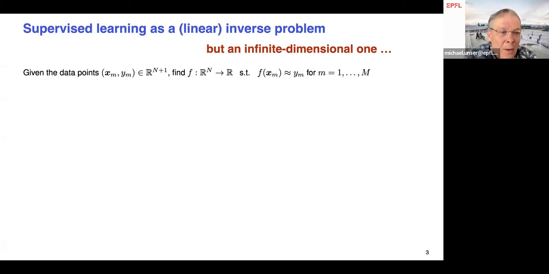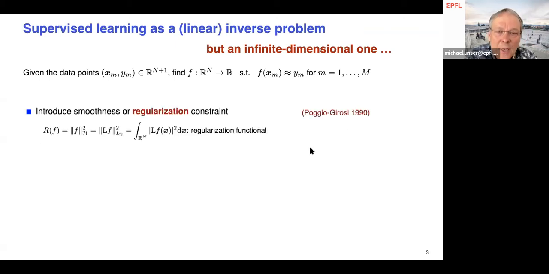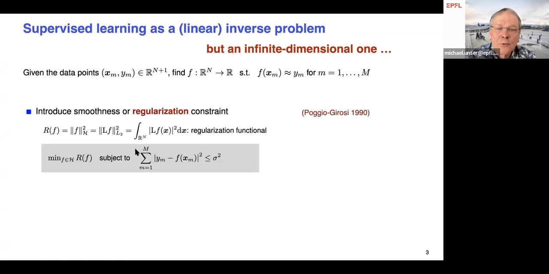It's very basic; many years ago, Poggio, Girosi, and others proposed to use regularization theory and to define some kind of smoothness functional, like L, for example, being the Laplacian. What you are trying to do then is to solve this problem. You would like to find a function such that the prediction is pretty good, within the level of noise.